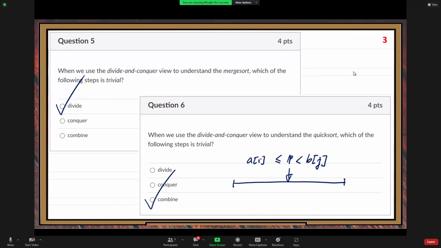Do nothing. So we say the combine step is trivial. Without logic-based understanding, trying to memorize these properties is hard. You need to memorize things literally, and that's hard.